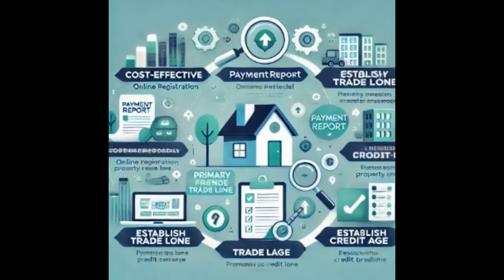How to set up and use PaymentReport.com. Register as a tenant and landlord. Begin by signing up for 2 accounts, one as the tenant and the other as the landlord. Create a rental agreement. Use tools like FormSwift.com to generate a rental agreement that includes your name, CPN address, and landlord information.